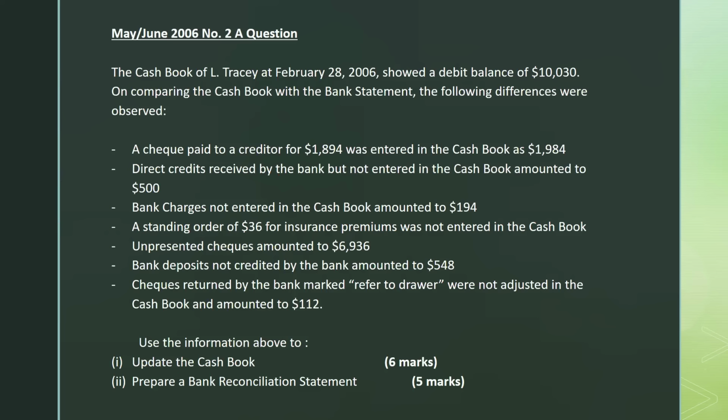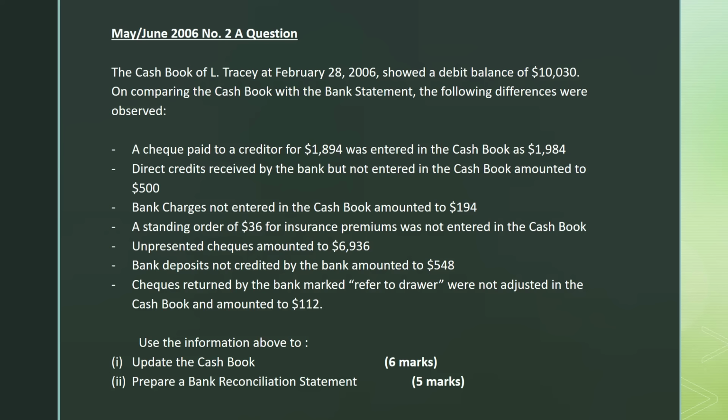So now that I have my revised cash book balance, I can do my bank reconciliation statement now. So I start off with my revised cash book balance, and then I add something. Who remembers what you have to add? Unpresented checks, late lodgements, which one are you adding? Unpresented checks.